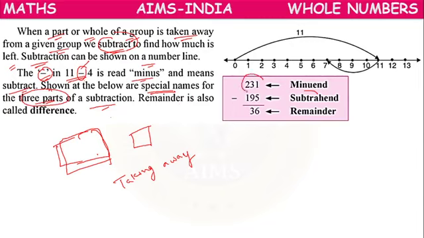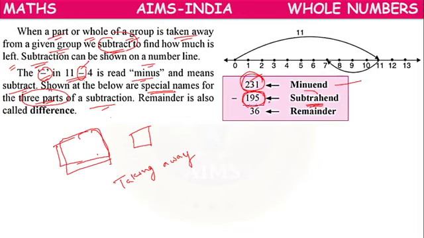The whole part, or the complete part, from which we are going to take away some other part is called the minuend. That is the whole part from which we are doing the subtraction. The second part, which is taken out or subtracted from the first part, is called the subtrahend.